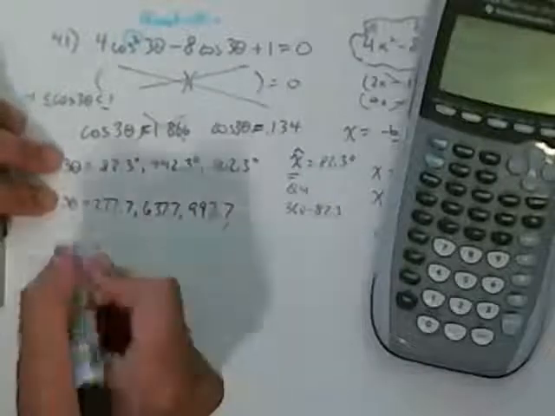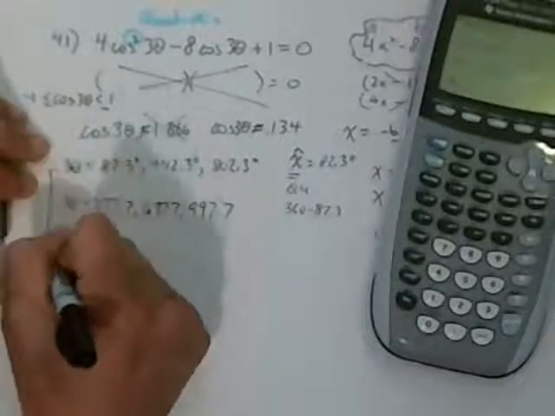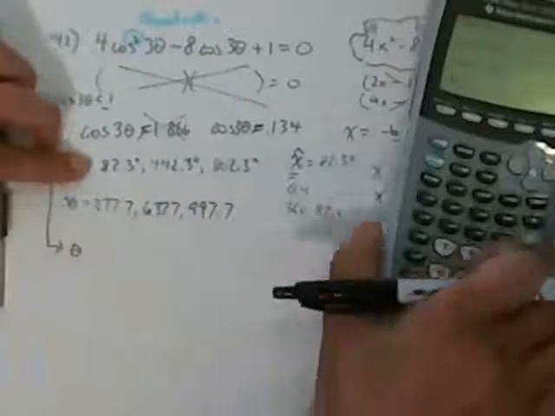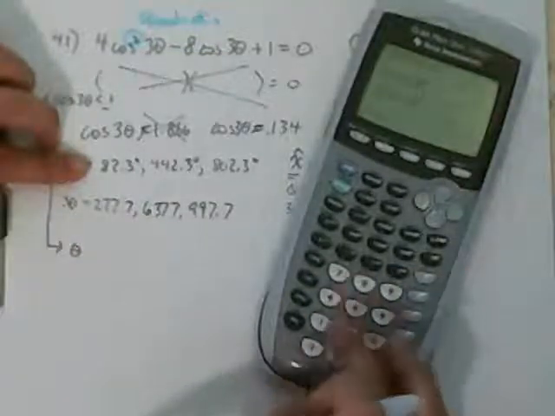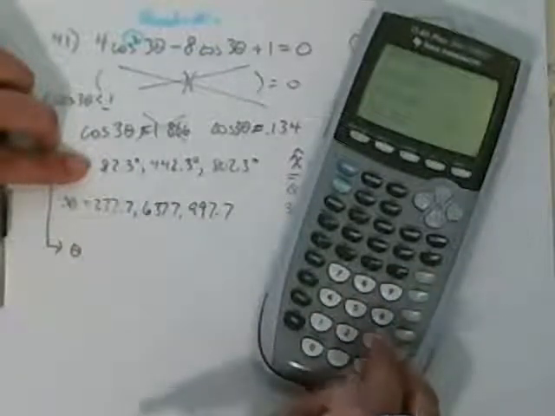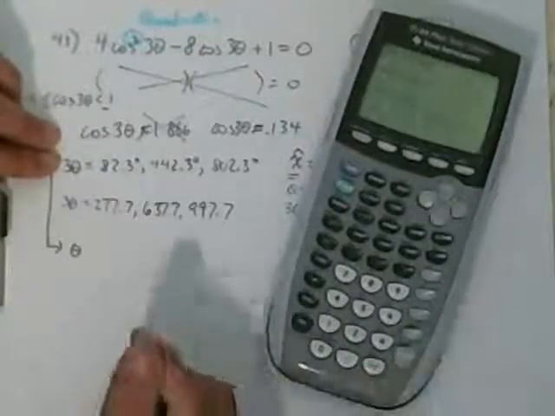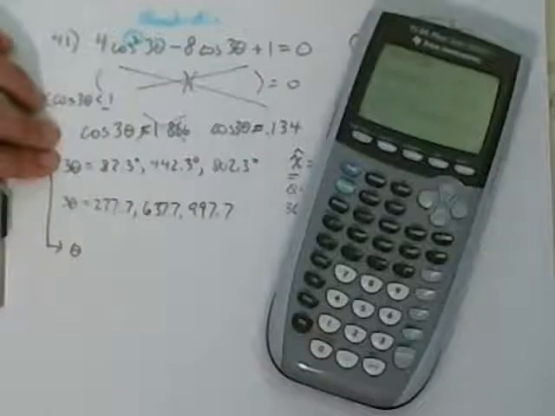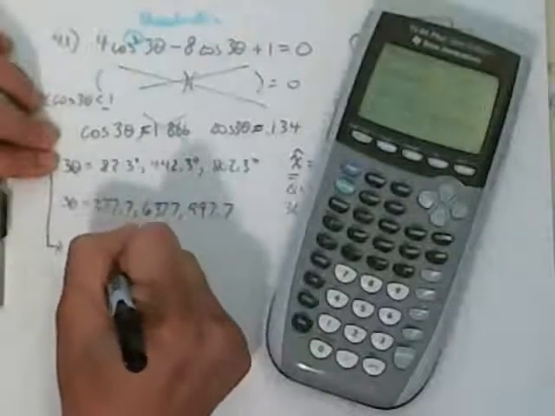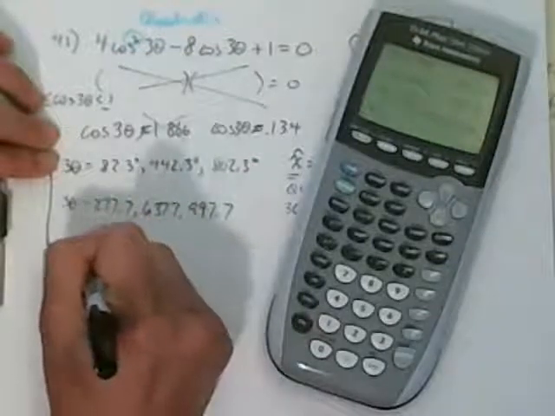Now, solving for theta for the first equation: 82.3 divided by 3 comes out to 27.4. Is that one of my answers? Perfect, 27.4 degrees. I wrote it down in the back of the book.